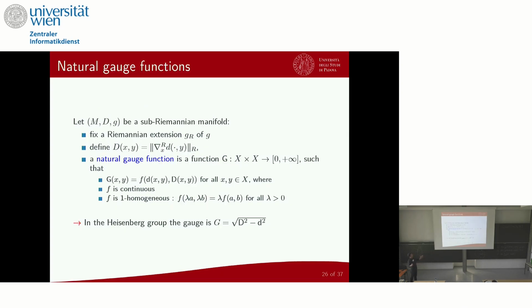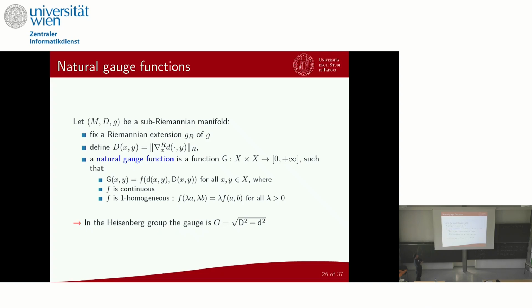So also in this case, there are natural gauge functions. You can take an abstract gauge, and later I will give you a couple of general results. But in this context, it is natural to fix some class of gauge.